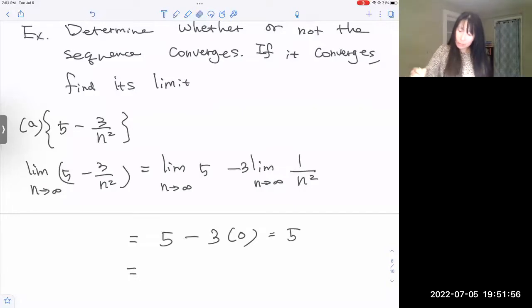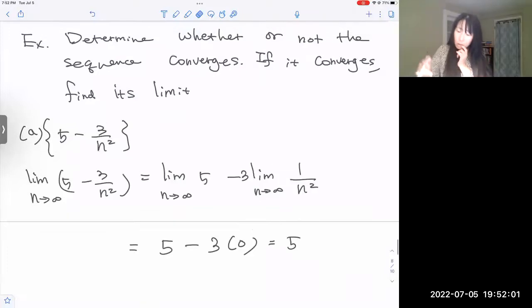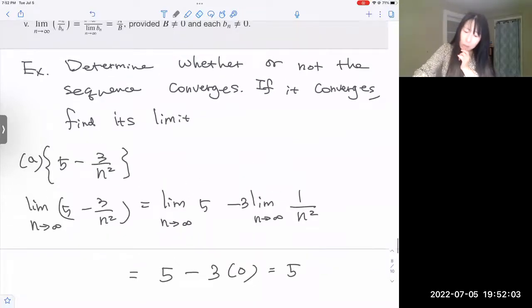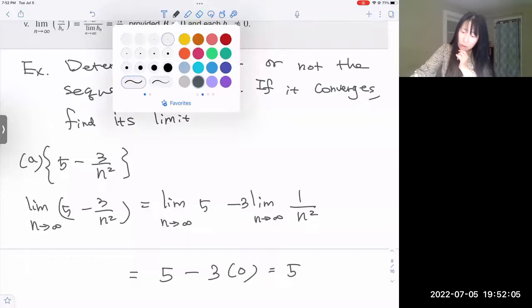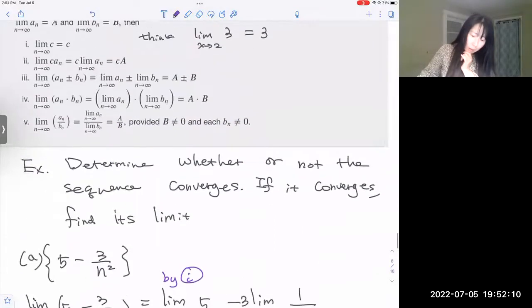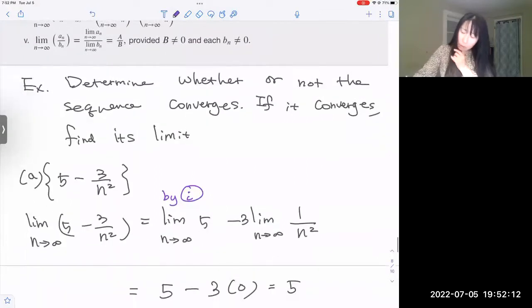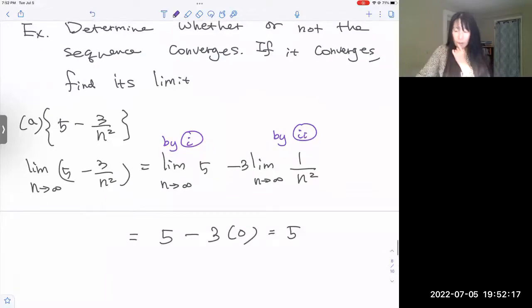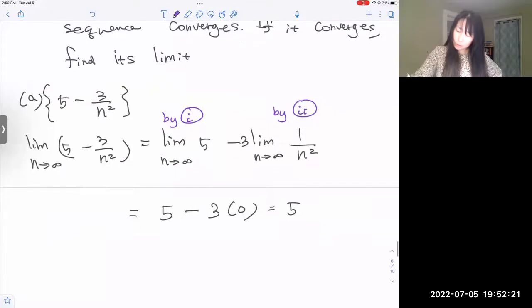So that is the first rule, number 1. Okay, I'm using this one by first and this one by second. And you might think of this one as one over n times 1 over n.